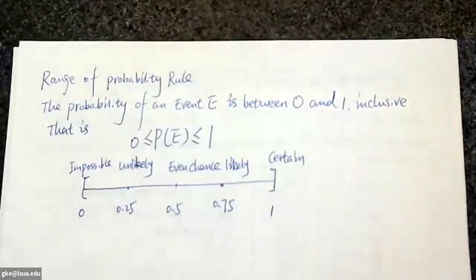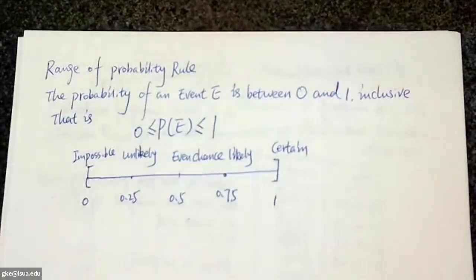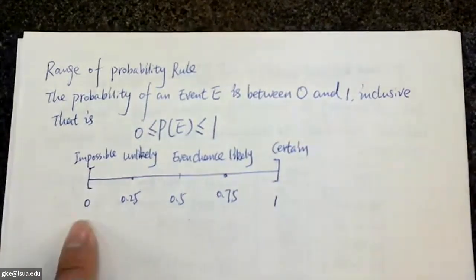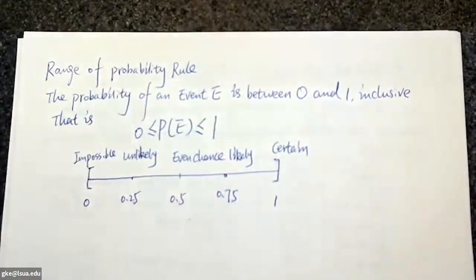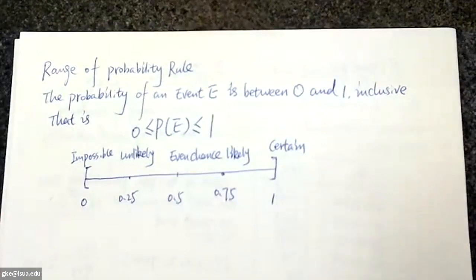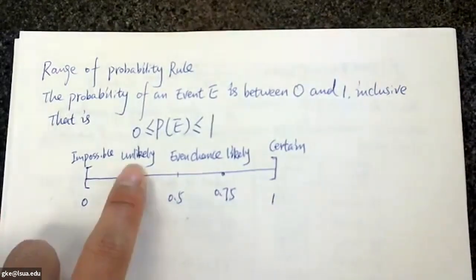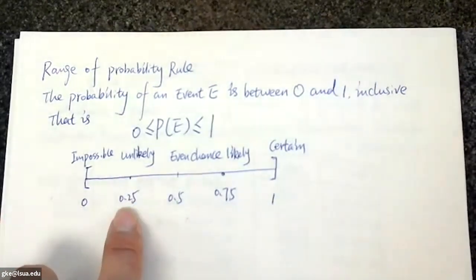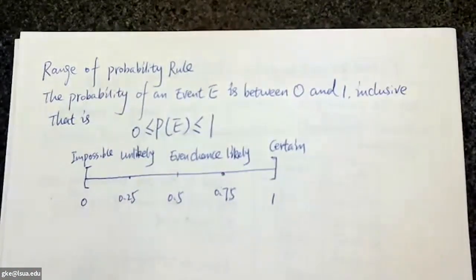Okay, so I just want to give you guys a rough idea of the meaning of the probability for a specific value. If a probability equals 0, that thing couldn't happen. Impossible. If some event gives you a probability around 0.25, that event is unlikely to occur.